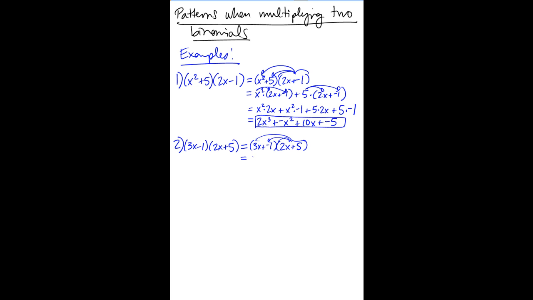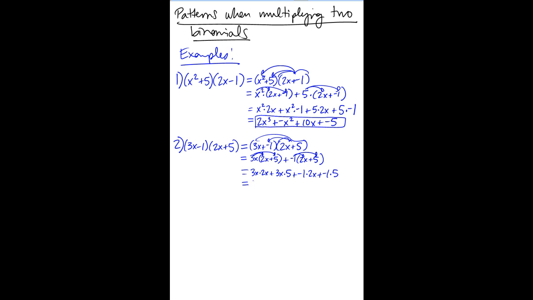So I'll get 3x times 2x plus 5 plus negative 1 times 2x plus 5. And then I'll distribute the 3x to each piece and the negative 1 to each piece here. So we'll get 3x times 2x plus 3x times 5 plus negative 1 times 2x plus negative 1 times 5.